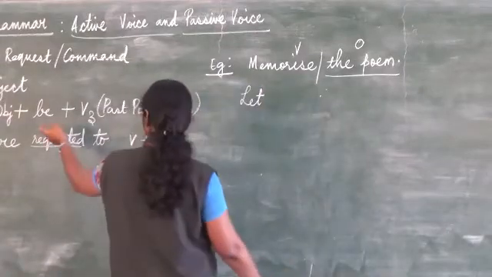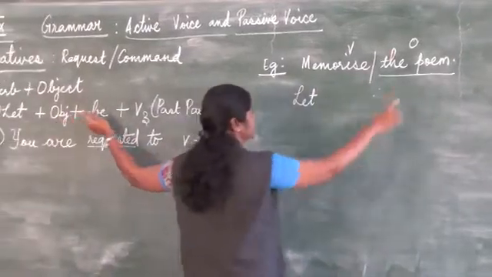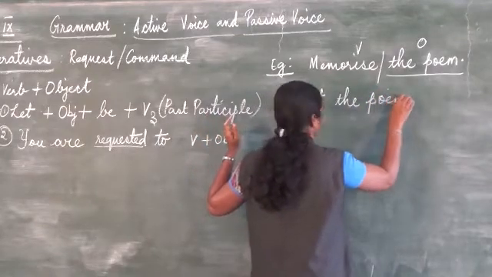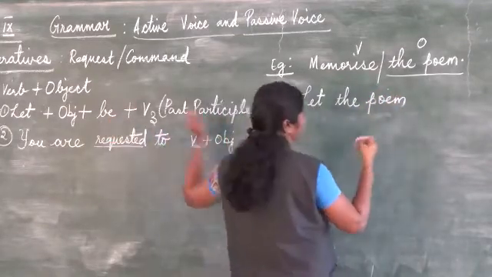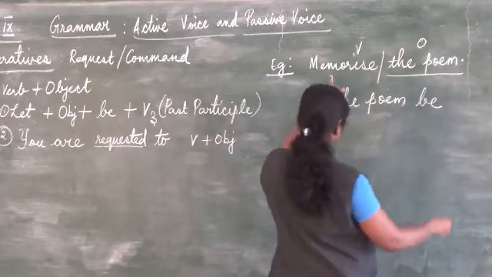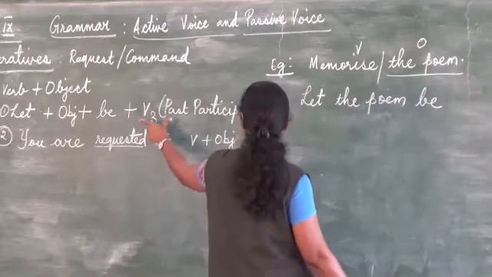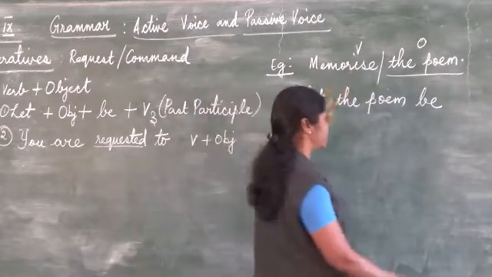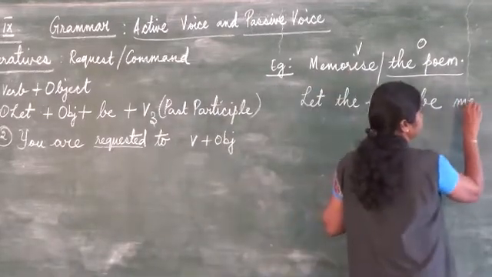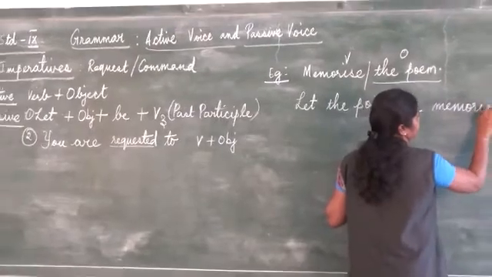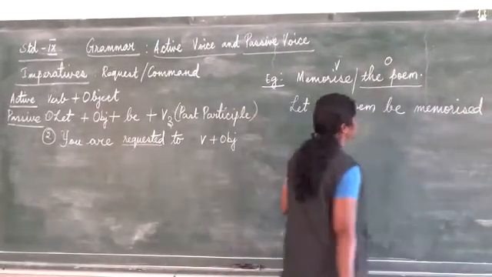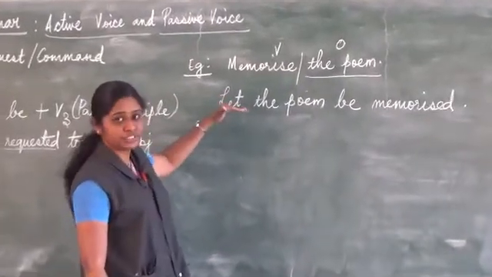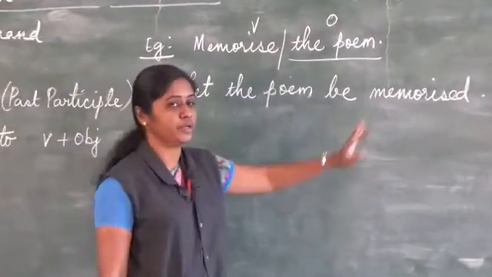After let, we bring the object. What is the object here? Let the poem. Then you write the word be. Be, and the last part is the past participle of the given verb. Here the given verb is memorize. Be memorized. The past participle of memorize is memorized. Clear? So this is the answer using the first model: Let the poem be memorized.